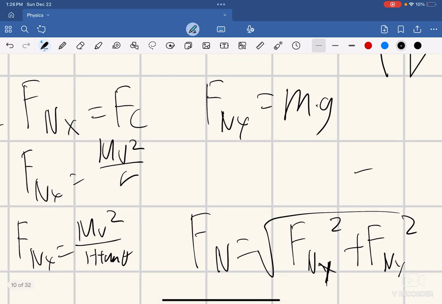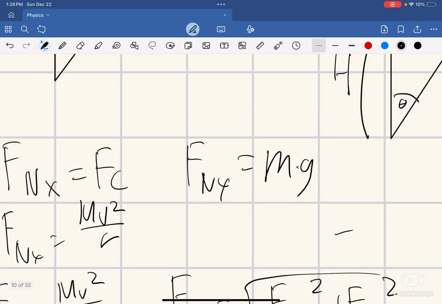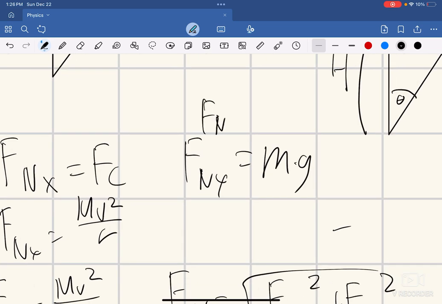And for Fn of y, this is also very simple, because Fn of y is equal to Fg, right? Because those are the only two vertical forces and components, and we know that the system is not moving vertically at all, so it's at a standstill.